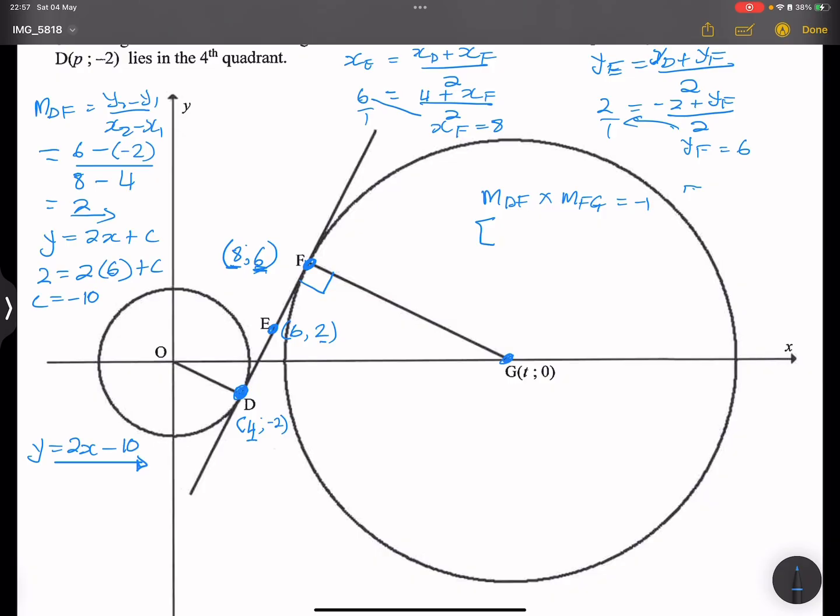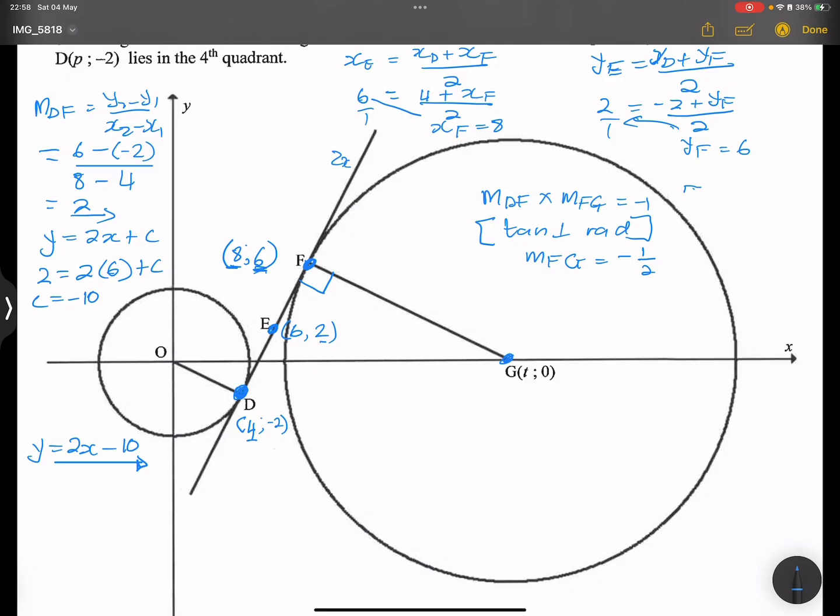This is going to be because of the tangent perpendicular to radius theorem. So then it means that the gradient of FG will be equal to, now remember, that gradient was 2x for this guy, so the gradient of FG is the inverse with a changed sign. So that's going to be -1/2.